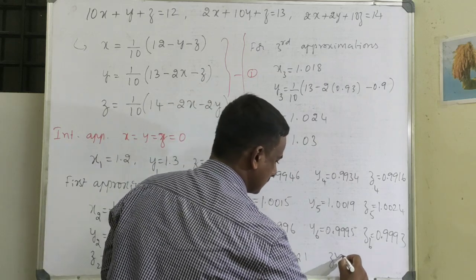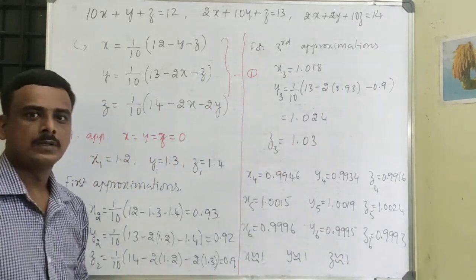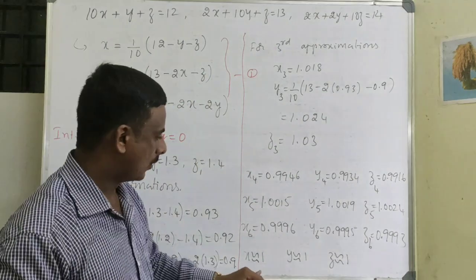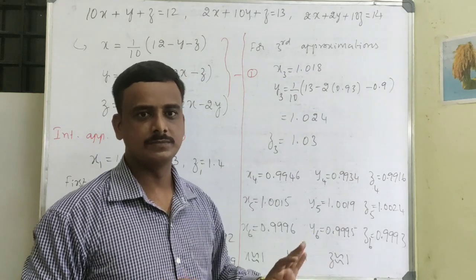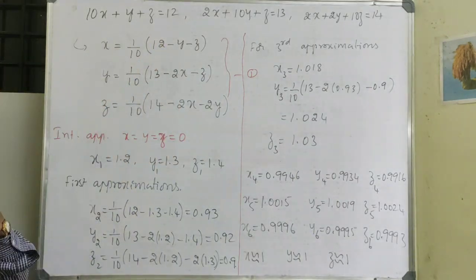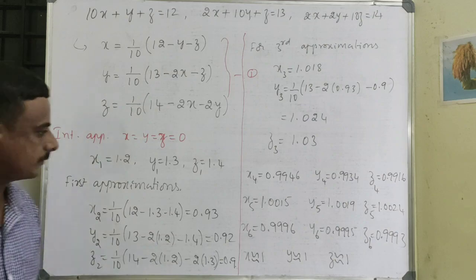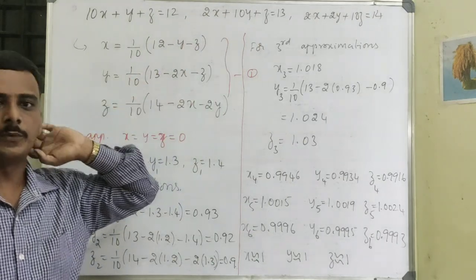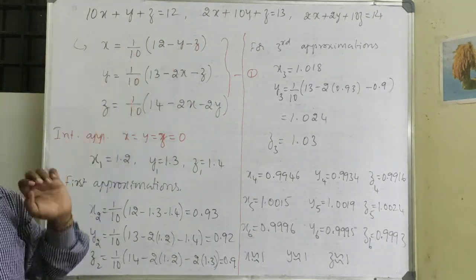So the required solution of the system is 1 comma 1 comma 1. So that is the solution of the given system of equations. For your confirmation you can substitute these values in these three equations and check whether you get the same.